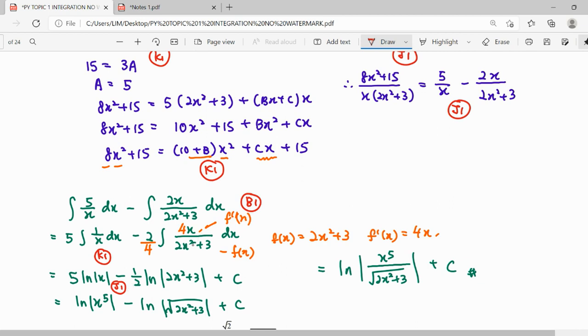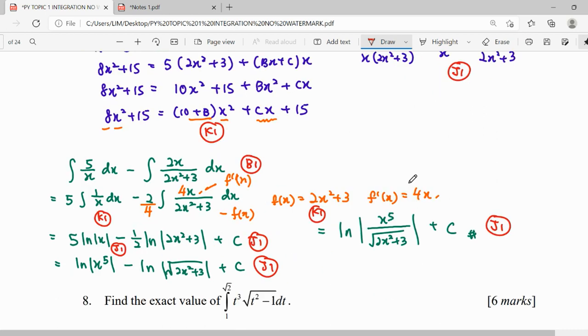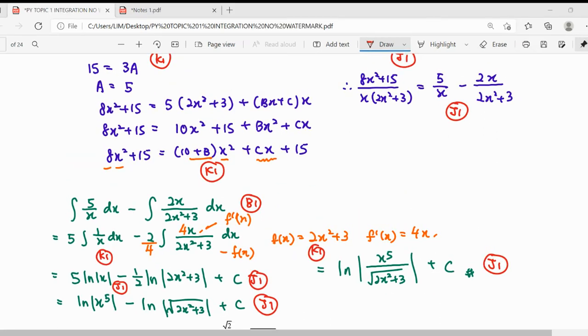For here, integration of f prime x over f(x), showing out the pattern. So this is another part of our answer. And then we get this answer. Then finally we have to simplify. So this is 1, 2, 3, 4, 5, 6, 7. So this is our 7 marks for this part.